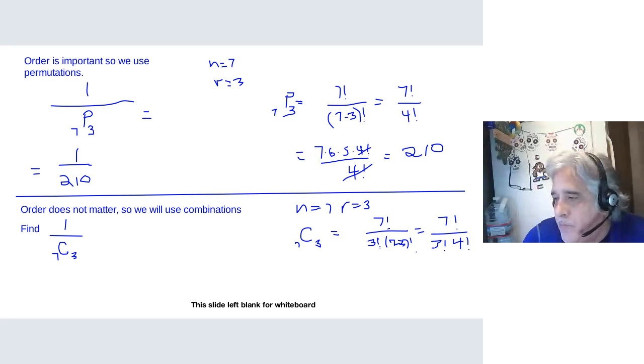So hopefully you can see that the only thing that's really different is that this one's going to have an extra 3 factorial down there. Now 3 factorial is 3 times 2 times 1, which is 6.